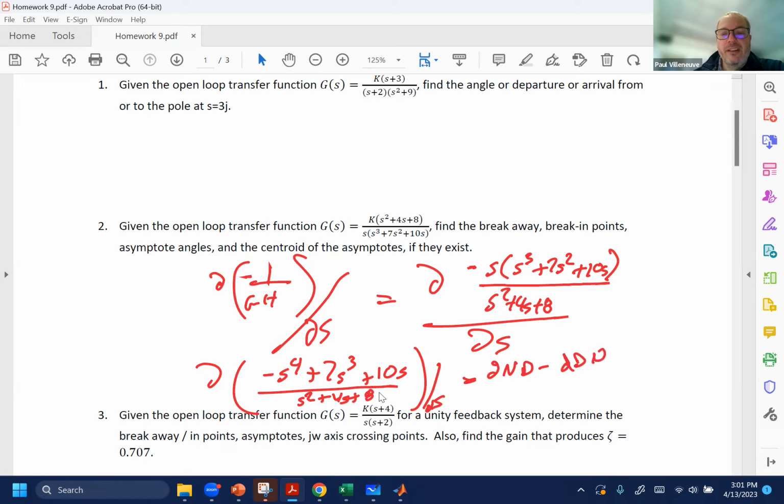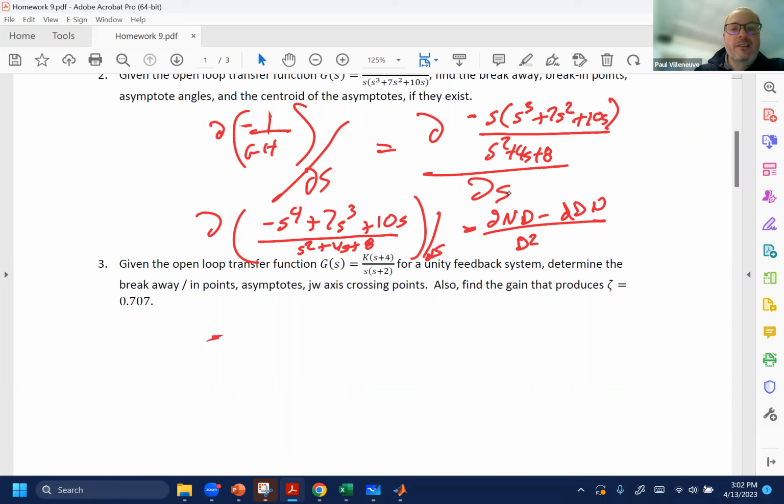So I'll give you the first one. Sorry, folks. So we'll do the derivative of the numerator, which is minus, these are all minus signs, sorry. So you have minus 4s cubed minus 21s squared minus 10.